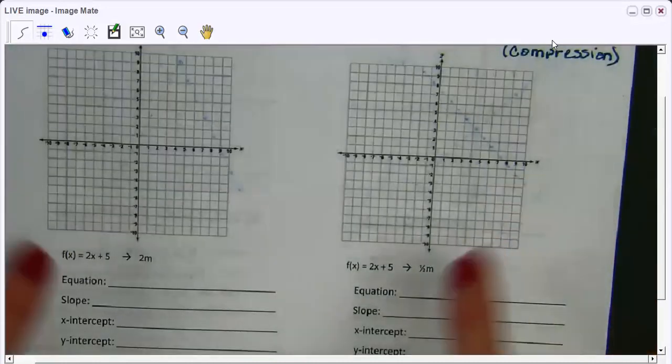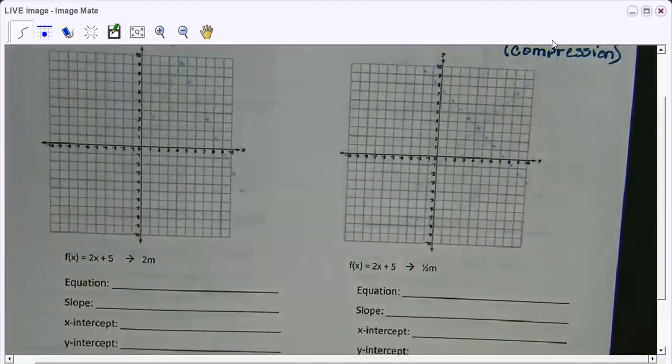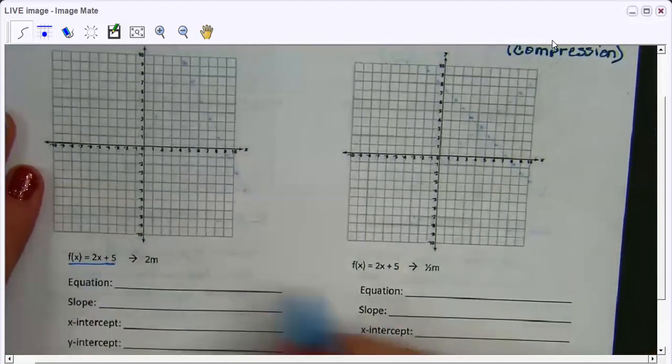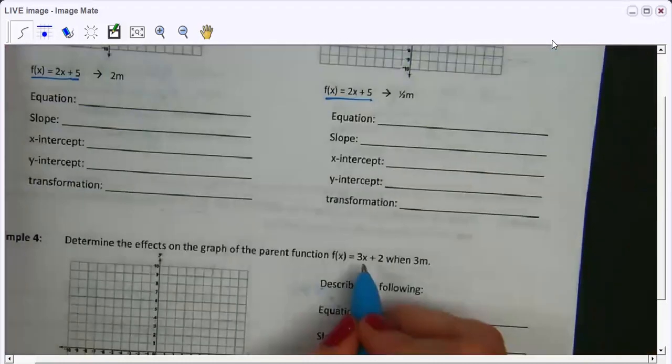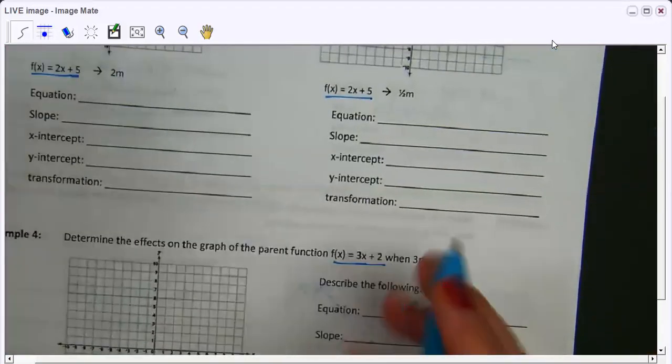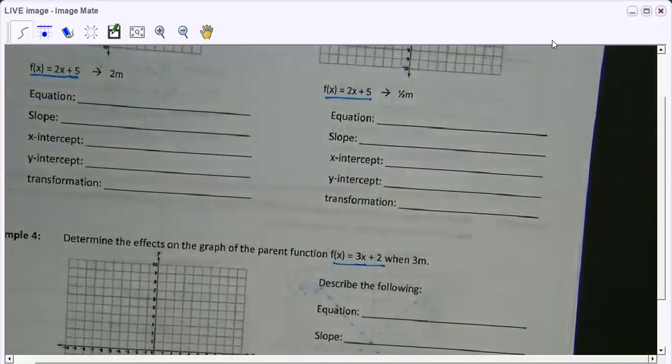All right, so let's look at our first one. What I'm going to have you do is graph all of the original equations on all three of your graphs: 2x plus 5, 2x plus 5, and then down here it's 3x plus 2. And then we're going to come back and see what a stretch and a compression look like. So everybody needs to graph those three equations first.